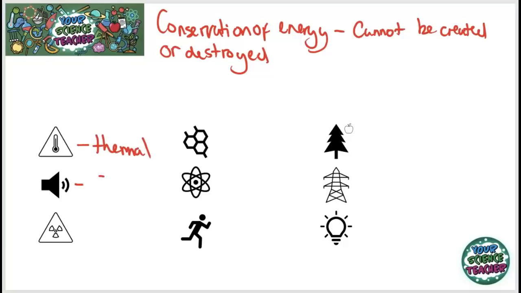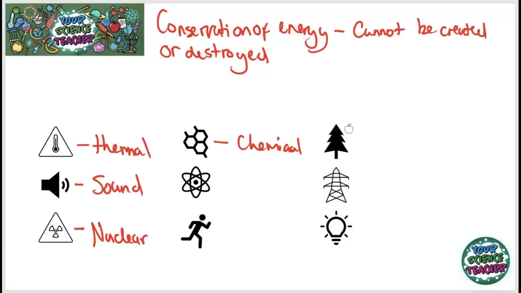After that, we have sound energy. We also have nuclear energy here. We have chemical energy. Don't be confused by chemical energy. It encompasses a lot of different objects that store chemical energy.